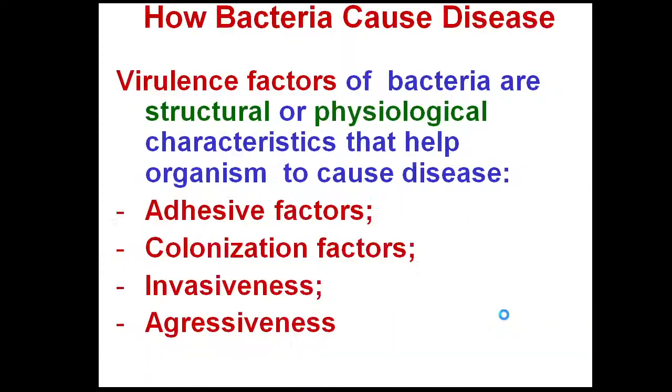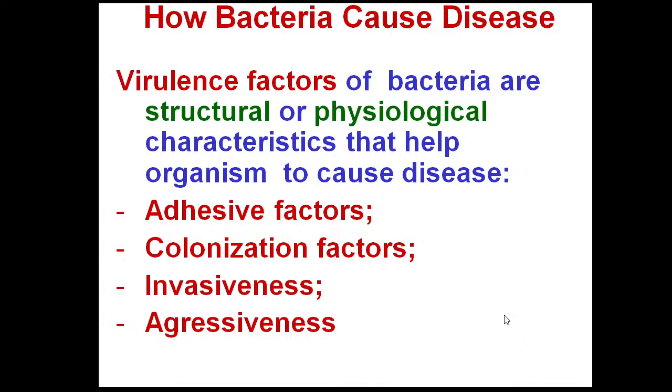Okay, we go ahead. So now we concentrate on the question of how bacteria cause disease. Today we mainly use bacteria as an example, as it is easier to understand. When we studied viruses, we paid attention to the important factors that cause pathogenicity of viral infections.